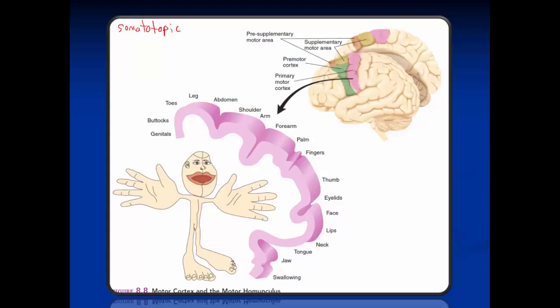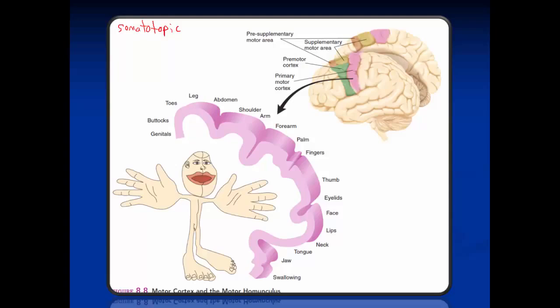If you look at the cortex, you'll see that consequently there's a greater amount of cortex devoted to those greater concentrations of sensory neurons. I mentioned before with the alpha motor neurons and the motor unit, some places have a smaller motor unit. That means we're going to need more alpha motor neurons. We're going to end up having more cortex devoted to them.